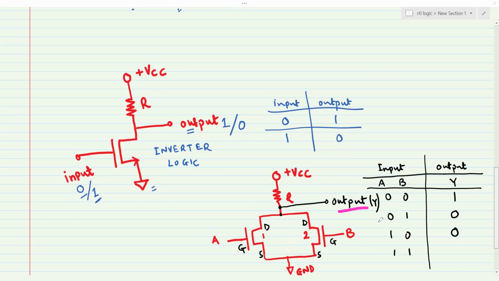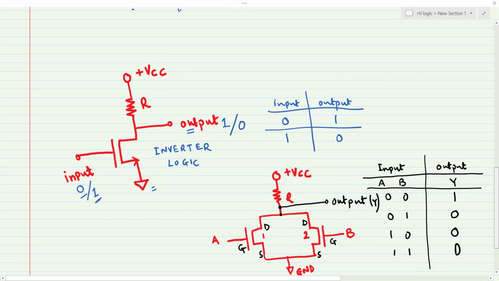Therefore, output is again pulled down to the ground. And for this combination, you can say I have this. Oh, 1 second, not the logic 1.